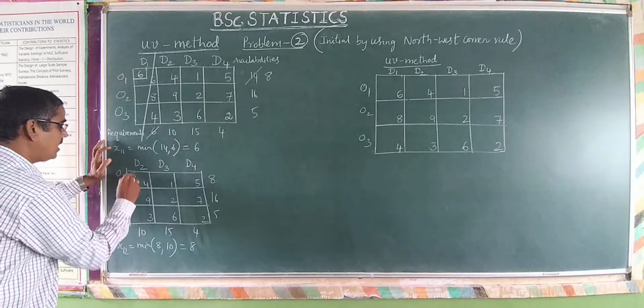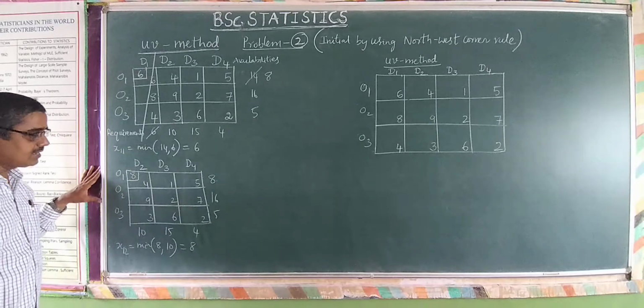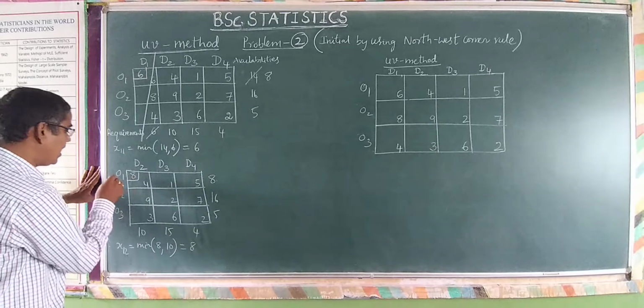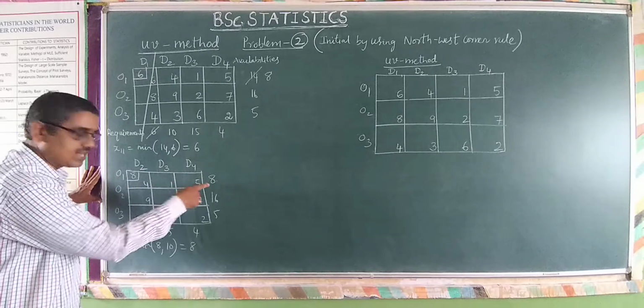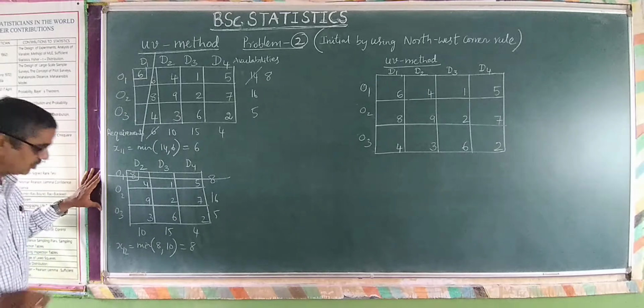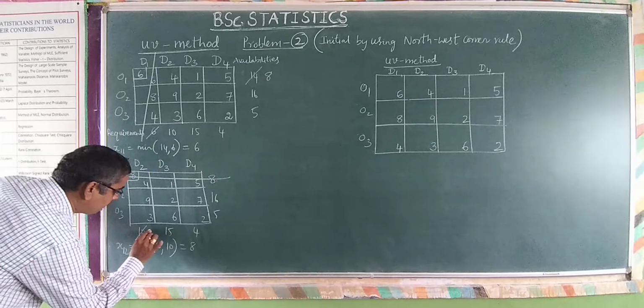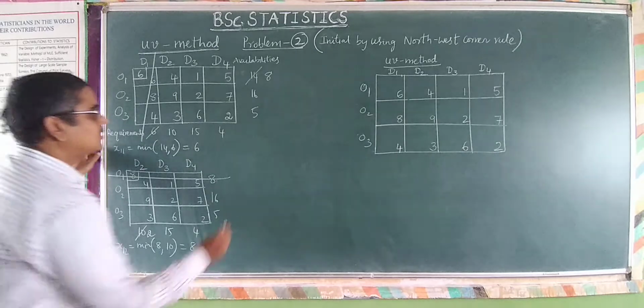So allocate 8 here in cell 1,2, and since the availability at the first origin, 8, was exhausted, it is finished. Therefore cancel the first row, and the remaining requirement is 2 here. So you prepare the next transportation table.